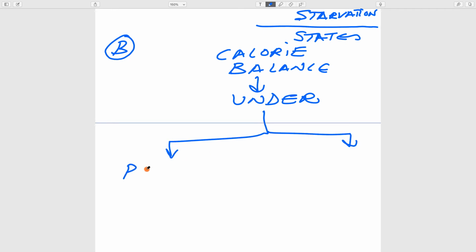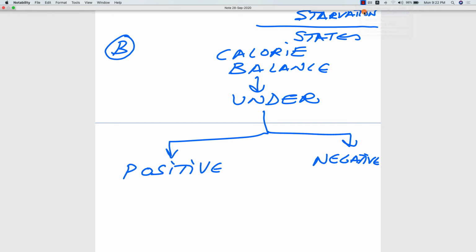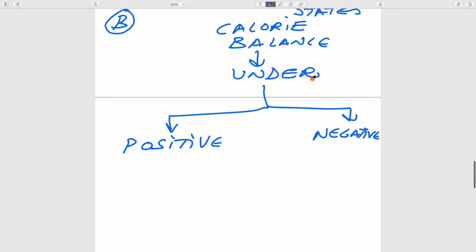The first one is positive, and the second one is negative calorie balance. When will there be a positive calorie balance?